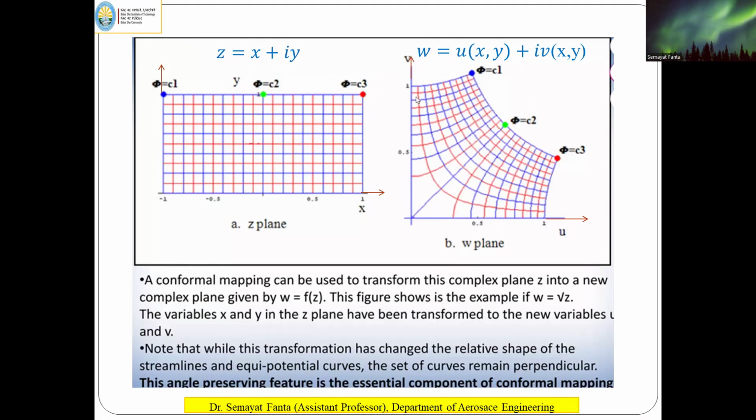That gives this kind of shape. Every point in the Z plane, for example psi equal to C1, is represented here as psi equal to C1.